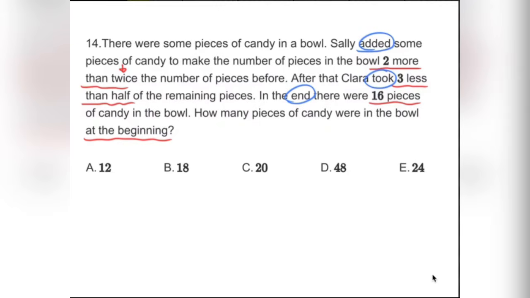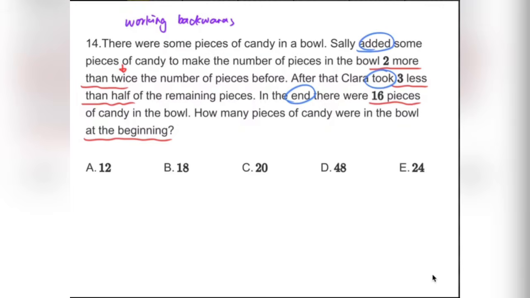A child added some candies. A child took out some candies. And we know how many candies are left in the end. We try to figure out the beginning. So what kind of question is this? That is called working backwards, okay? For working backwards, you always know the process and the ending, but you don't know the beginning.